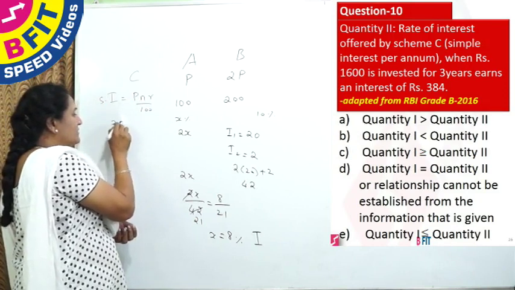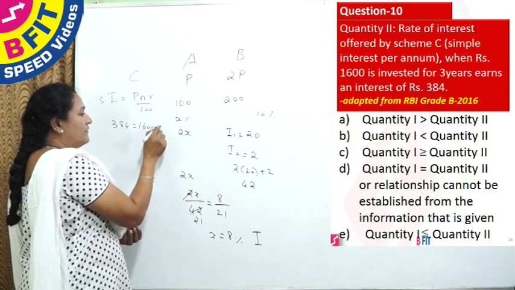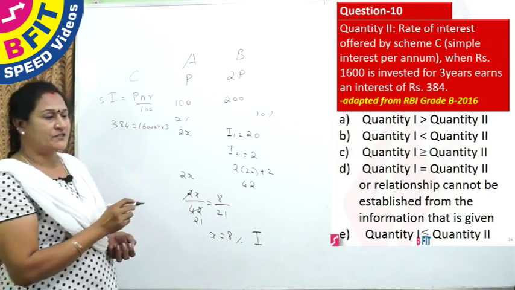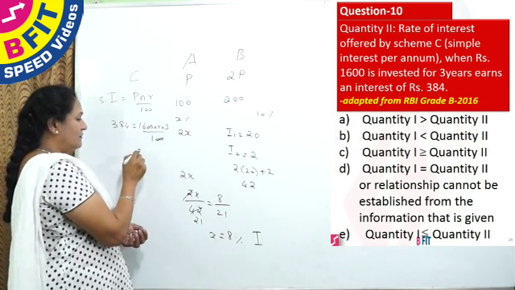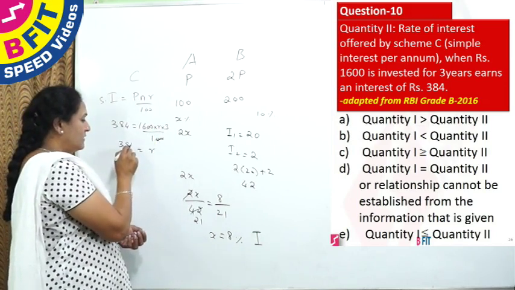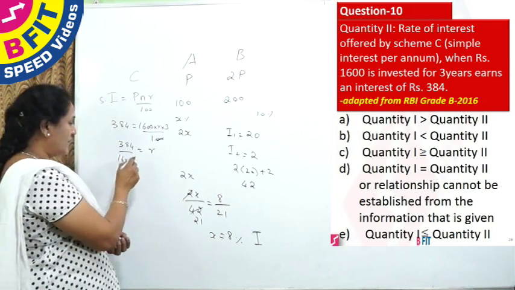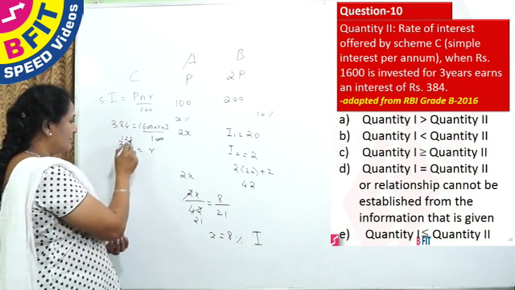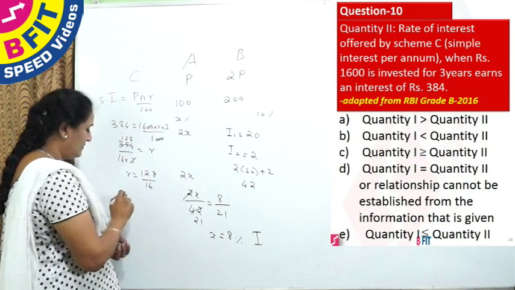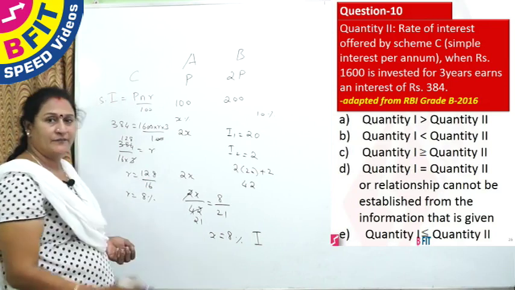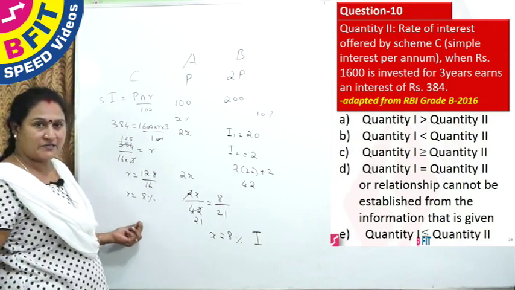Simple interest is given as 384, principal is 1,600, and the rate we have to find, number of years is 3, by 100. After cancelling, rate is 384 divided by 16 and 3. Cancelling this, rate is 128 by 16, which is 8%. So quantity 2, the rate of interest of scheme C, is 8%.